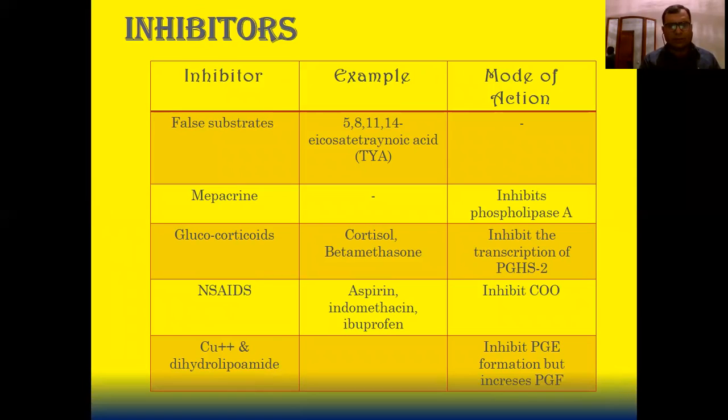Non-steroidal anti-inflammatory drugs, aspirin, indomethacin, ibuprofen, diclofenac, etc., cause inhibition of cyclooxygenase. Copper and dihydrolipoamide inhibit the prostaglandin formation but increase prostaglandin F.